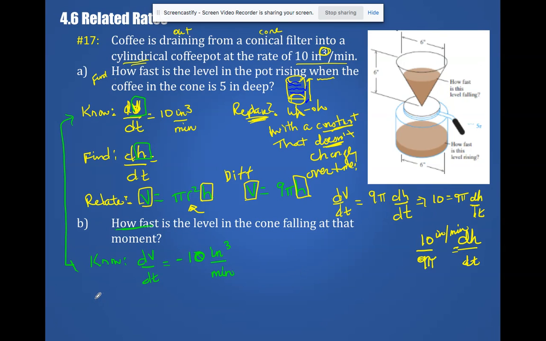What am I trying to find? How fast is the level in the cone? So I am again trying to find height, but not height in a cylinder.